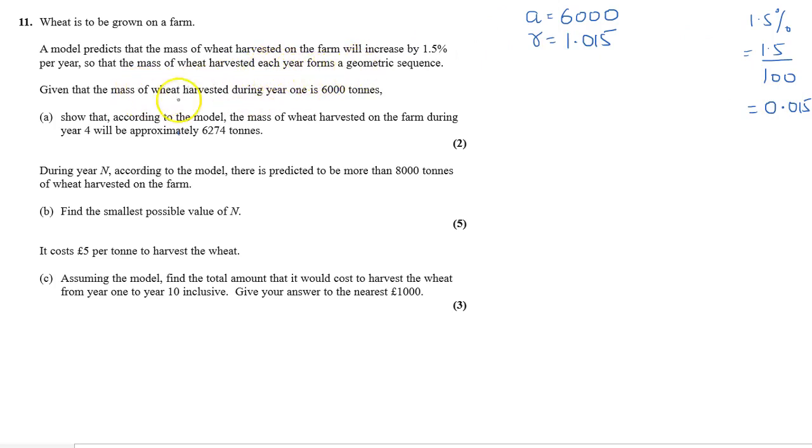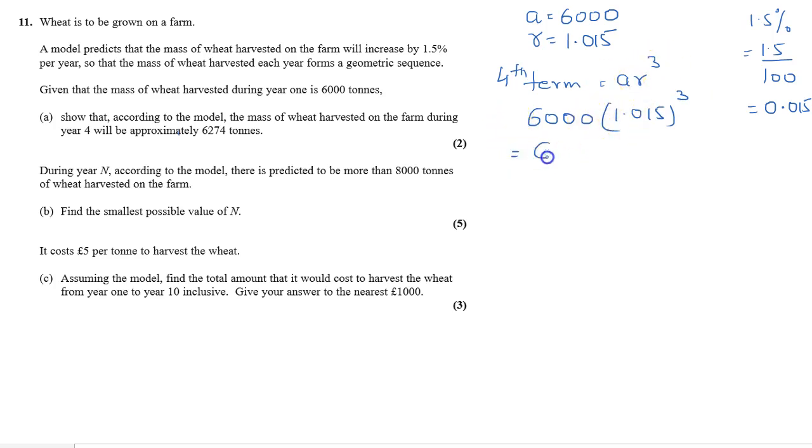Now we have to find, it's a geometric series, so after 4 years, the fourth term of a geometric series is ar cubed. So that is 6,000 times 1.015 cubed.